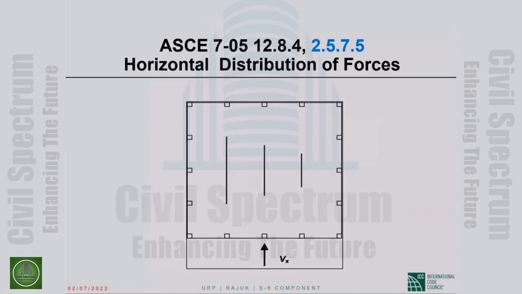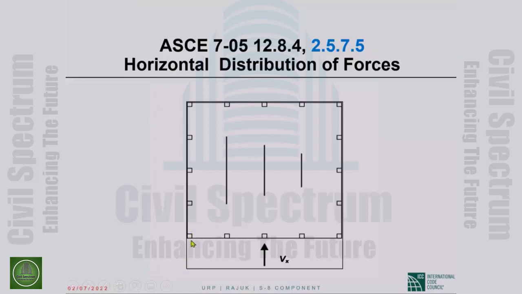Once we have our vertical distribution and we can calculate the story shear in a particular story, how is that distributed among the seismic force resisting systems? So this is a hypothetical building. We have story shear V sub x in story x.